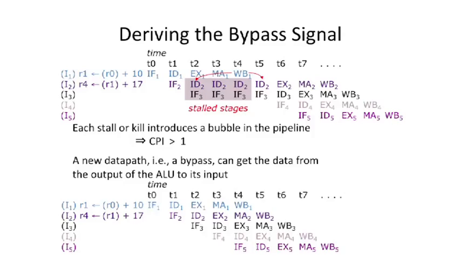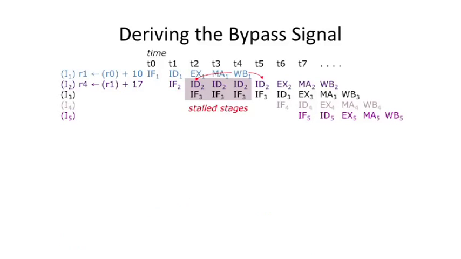With that new data path, which bypasses out of the ALU into input operand A, we can see that we can remove all of these stalls and just do the bypassing. So it shrinks the time taken to execute this code. And this new data path is really a great thing here.